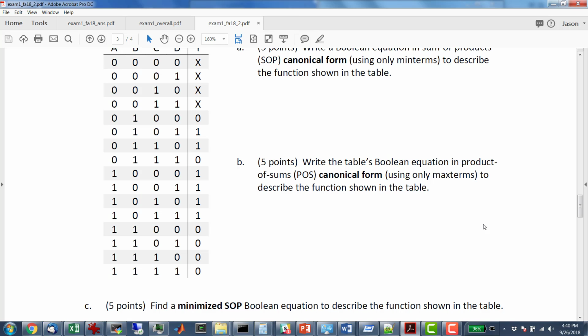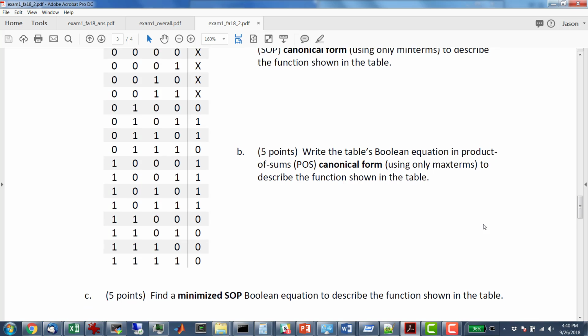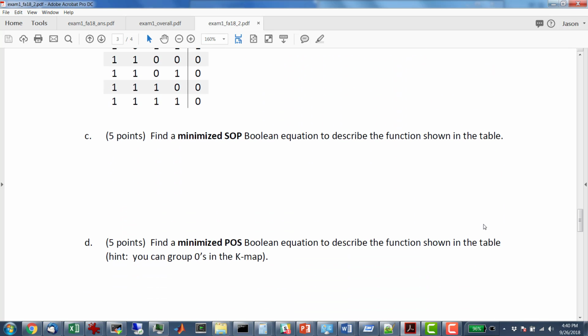Okay? Now, the next one asks you to do the minimized product of sums, which is part D here. Let's scroll down a bit. Find a minimized product of sums. So for that one, remember that you have to cover all your zeros. And the thing that's kind of bad about this one is I've got a nice column of zeros here I can circle.